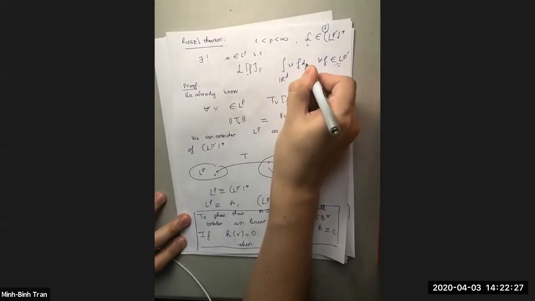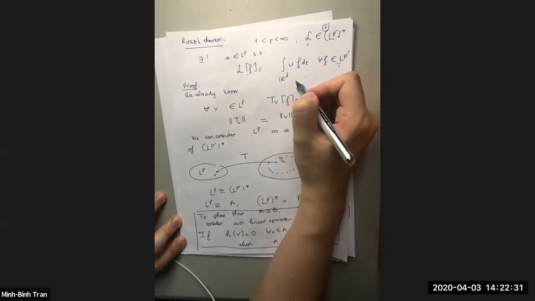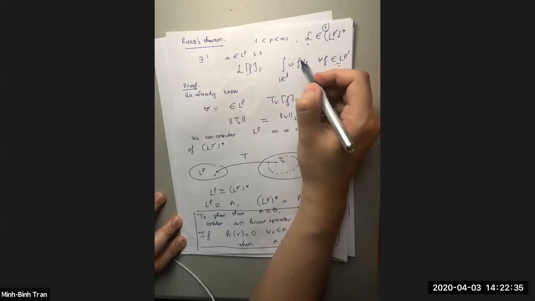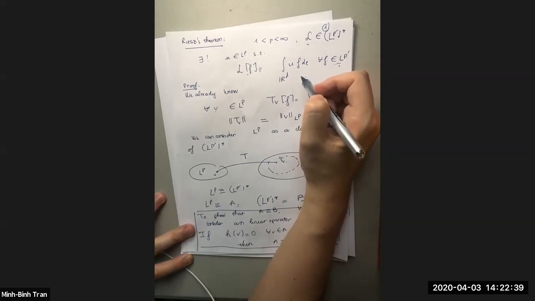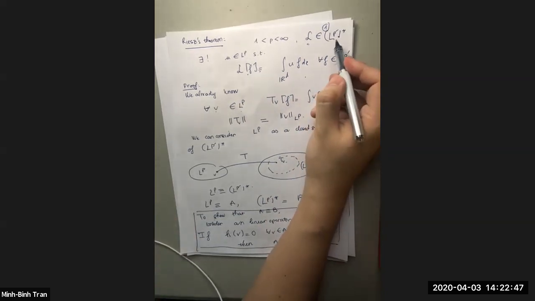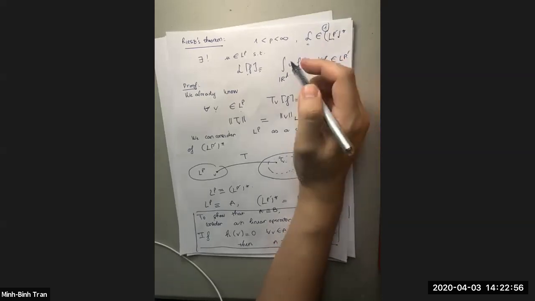This linear operator has to be the integral of some function u times f dx. This is the only form for all of the linear operators on L^p', and this is very surprising. So all of the linear operators on L^p' have one unique form, which is of this form.